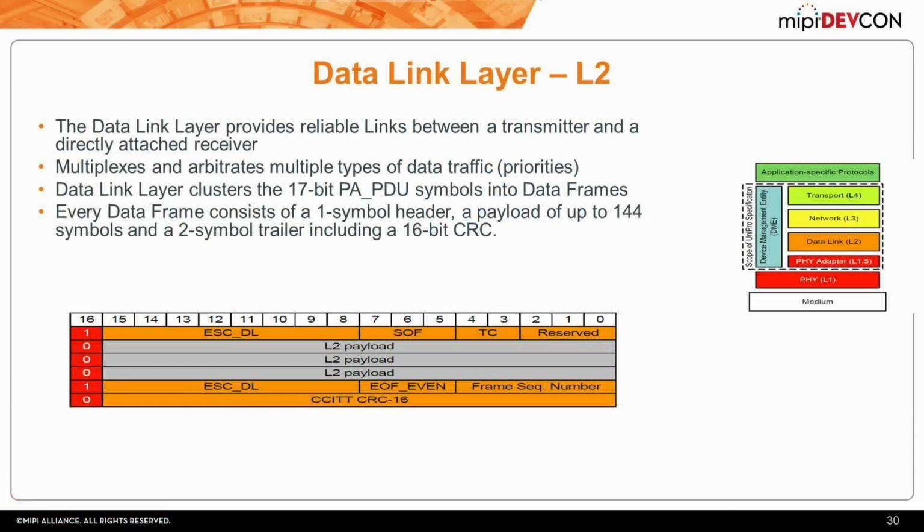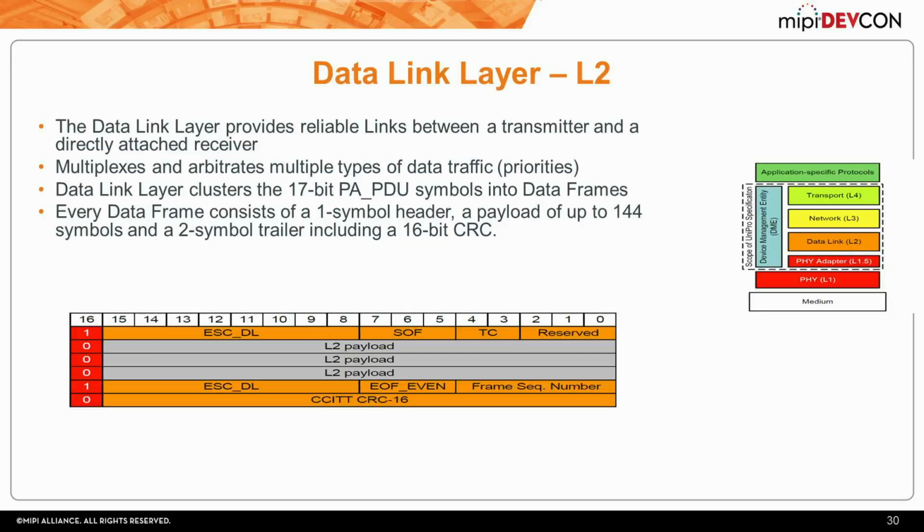So next layer up is layer 2, that's the data link layer. The data link layer provides reliable links by making sure that frames get to the other side of the link properly. There's a CRC check, and it also provides for flow control. It can also have multiple types of data traffic, multiplexed between those.